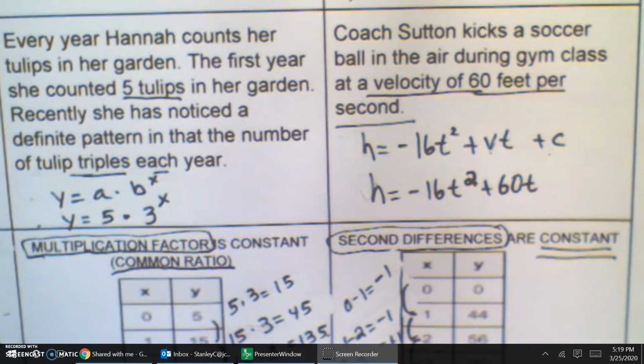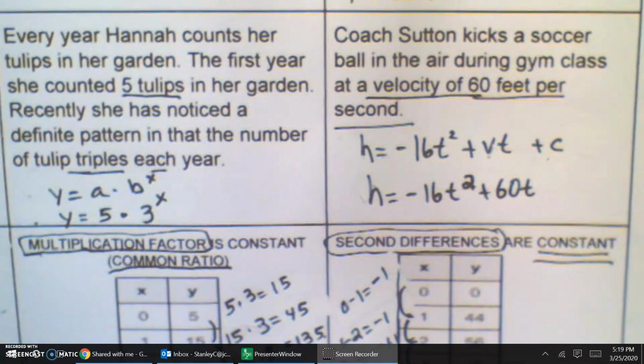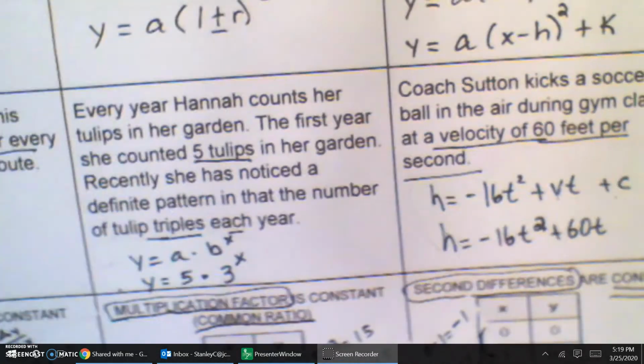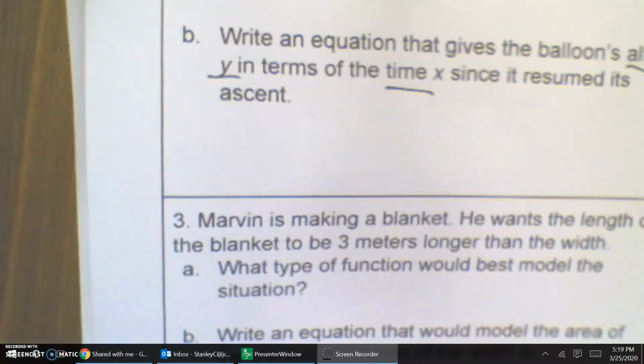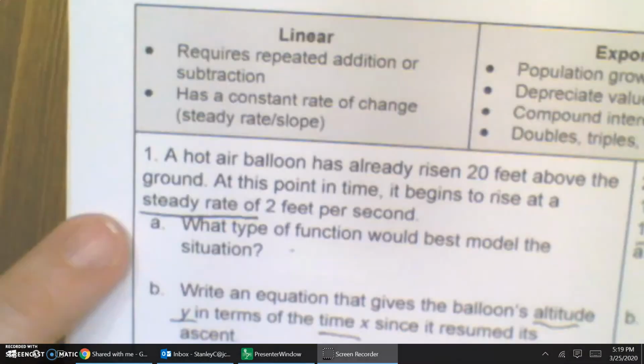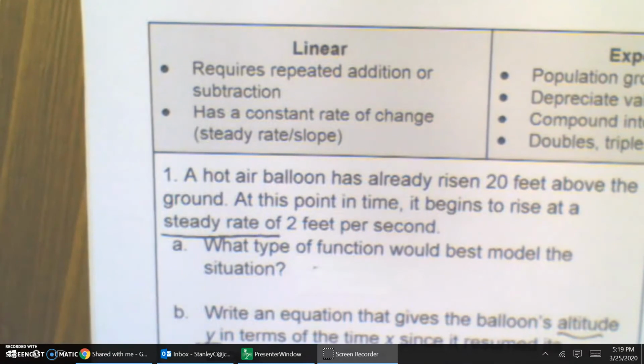Now, some things that will help you with the real world situations. Some key words. If we look at linear first, if you have a problem that requires repeated addition or subtraction, or if you have a constant rate of change, you'll see words like steady rate or slope.